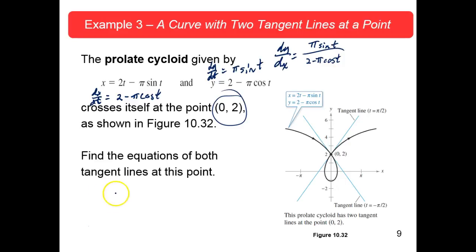So x equals 0, y is equal to 2. So 0 is equal to 2t minus pi sine t, okay? So that says that pi sine t is equal to 2t, right?